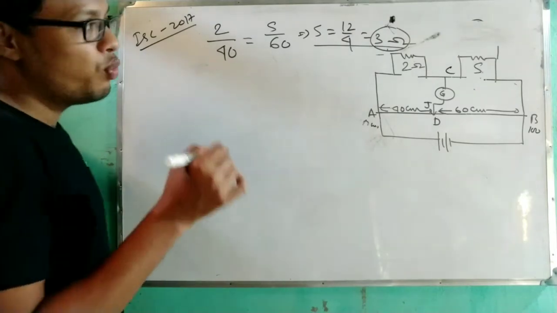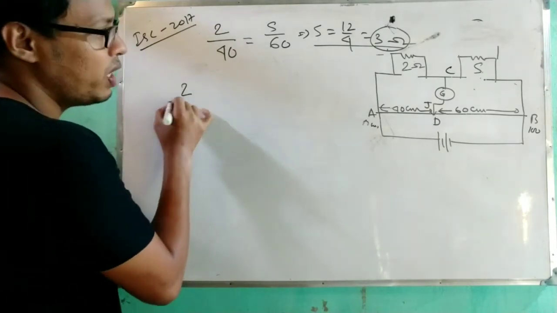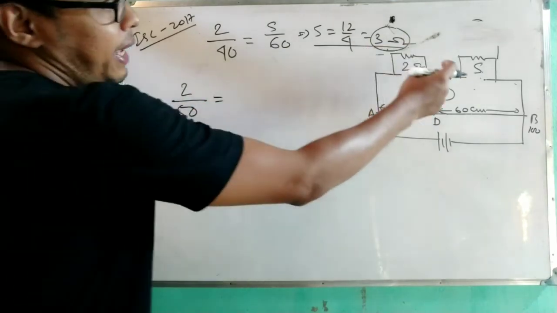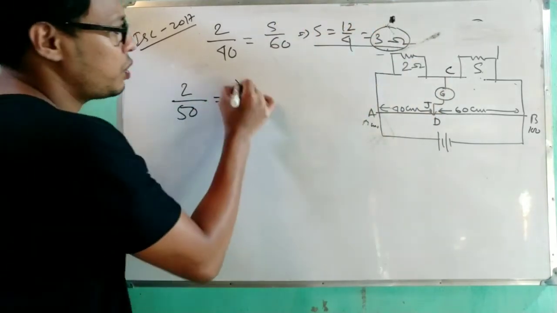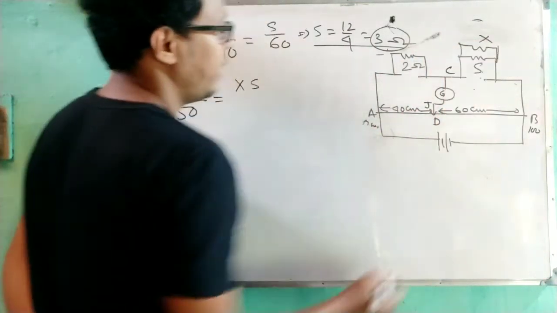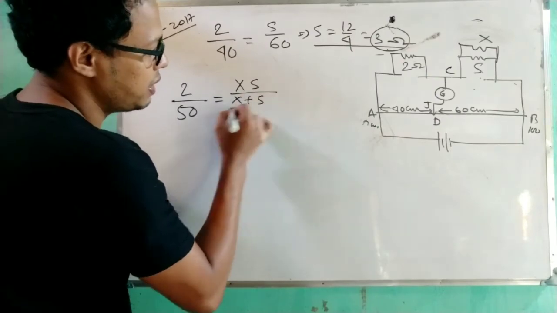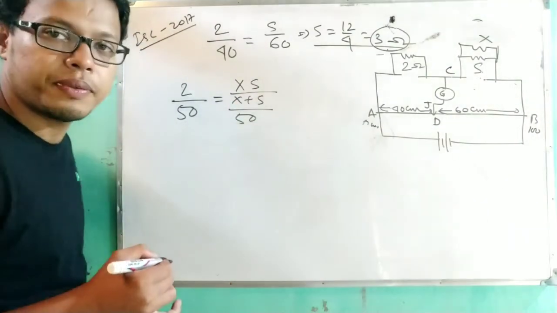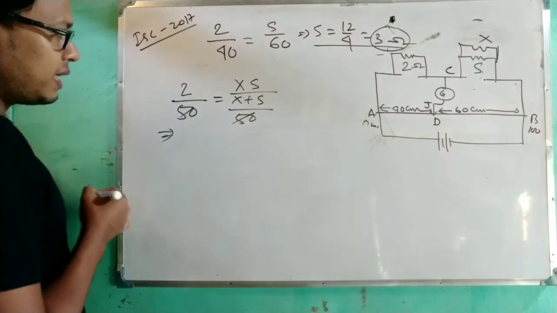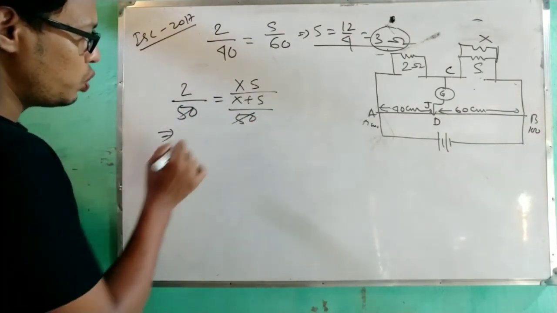So what will be the equivalent? Now look, 2 divided by 50 equals X into S, and since a parallel connection is there, this is X S divided by X plus S, divided by 50. Clear? Here, the 50 cancels from both sides.